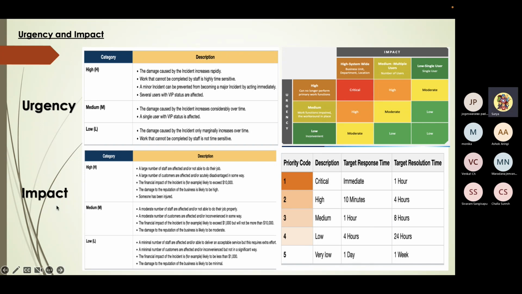Moving forward, we have impact. Urgency is how fast you should restore the services. The next one is impact, how badly it is impacting our business. The same thing, if an issue is reported at 9:45 that nobody is able to log into the systems, and you wait till 1 o'clock: by 10:15, 1,000 people will get affected, the customers who came in the early hours to the bank.